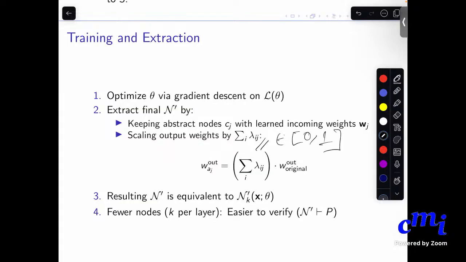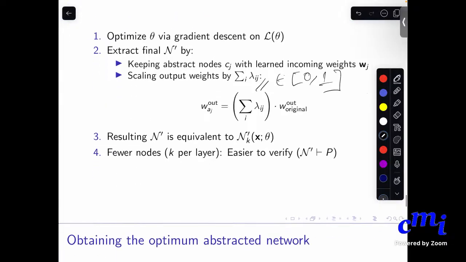So from multiple concrete nodes of the original network, a fraction of the concrete nodes is getting its effect into the new network, but there is no blow up because we have already fixed that.